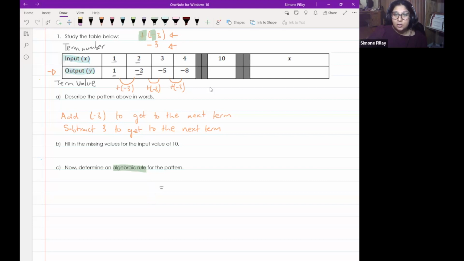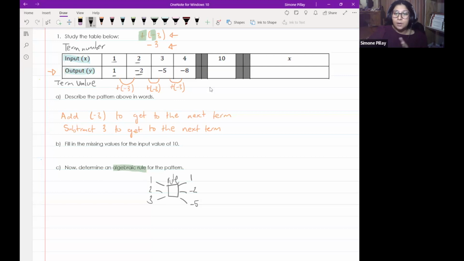Yes, ma'am. So when I say the output, it would have been, if we had a little flow diagram, my inputs here would have been there, and my outputs would have been 1, -2, and -5. I remember seeing you in our flow diagram lesson. So remember we had an input, it goes through a machine. This is our rule that we apply in the middle.